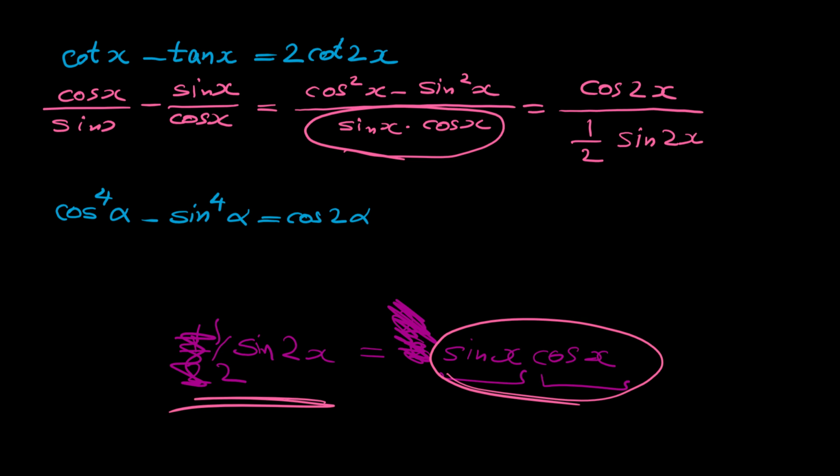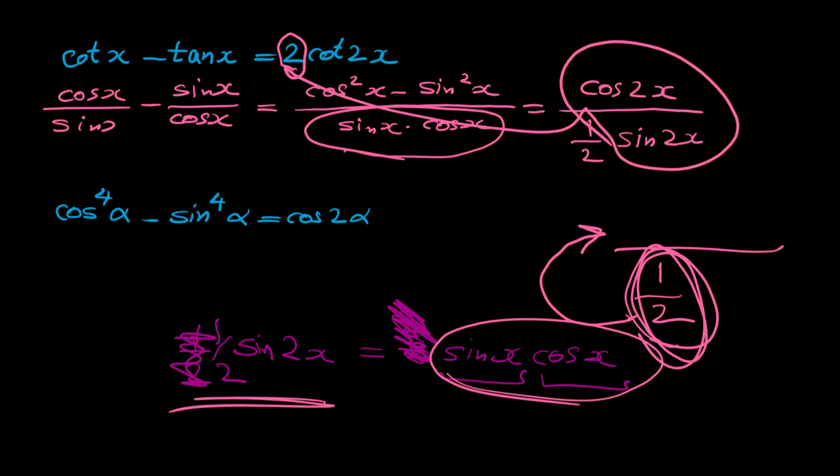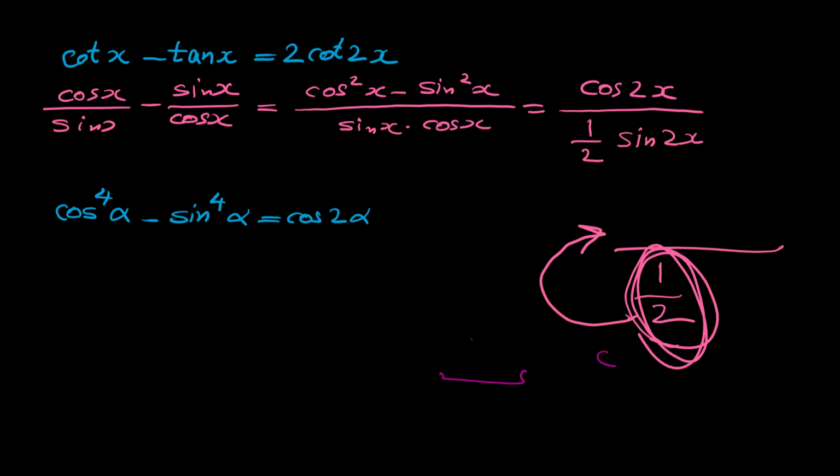Now you know that when we have a fraction, and in the denominator of the fraction we have a 1/2 fraction, we can bring it to the numerator, but we have to flip this. If we flip 1/2, it would be this 2 here. And cosine over sine is cotangent. Let me explain this in more detail to you.